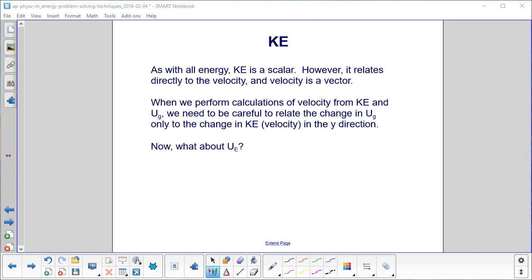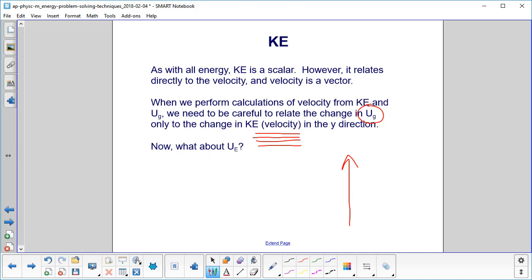Again, just to drive the point home, kinetic energy is a scalar. However, it's equal to 1/2 mv squared, so it's relating directly to the velocity, and velocity is a vector. So when we perform calculations of velocity from kinetic energy and relate it to the gravitational potential energy, we need to be careful to relate the change in the gravitational potential energy only to the change of kinetic energy in the y direction, this direction right here.